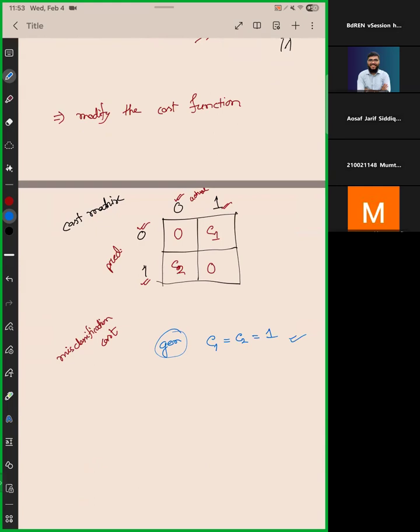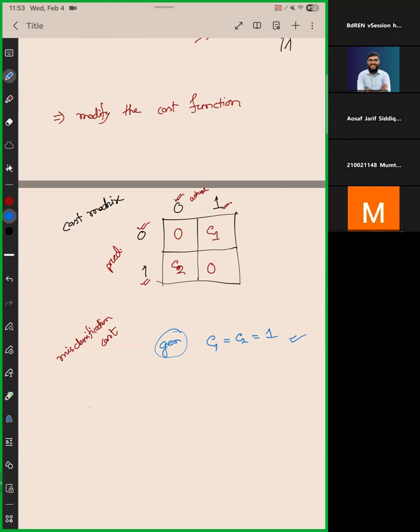But when you have cost sensitive learning, we try to apply an intuition. What is our intuition? Look, among these two, think of it like this. There are two types of error.